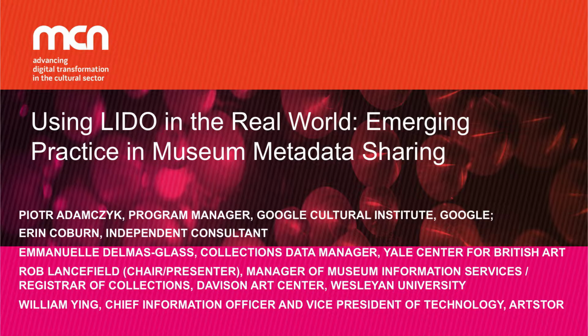LIDO is also used as a cross-collection discovery tool for us internally. The center has not only an art collection, but also a reference library, as well as a rare books and manuscript collection. And those two are cataloged in a different system. On the left is the library, Orbis is the library system. And on the right is TMS, which is the collections management system we're using to catalog the art collections.